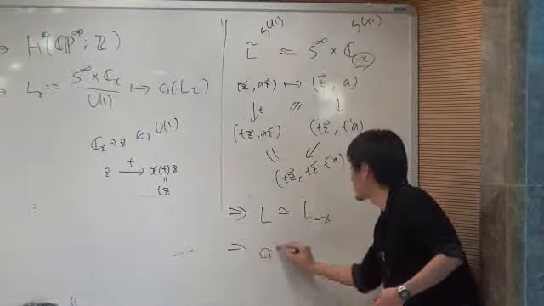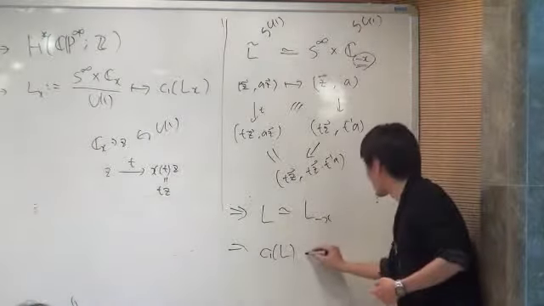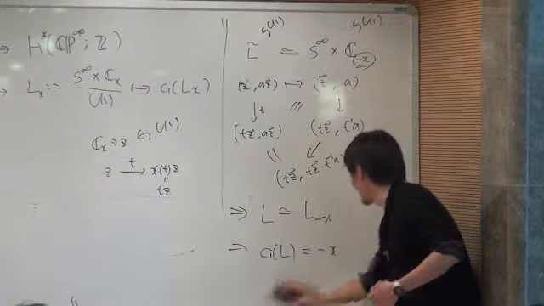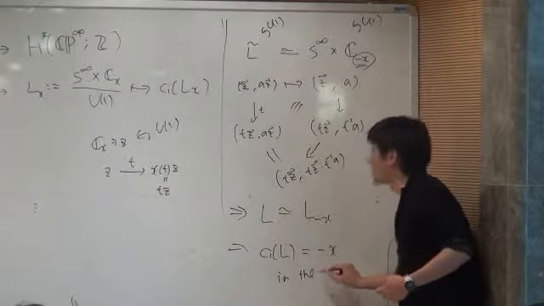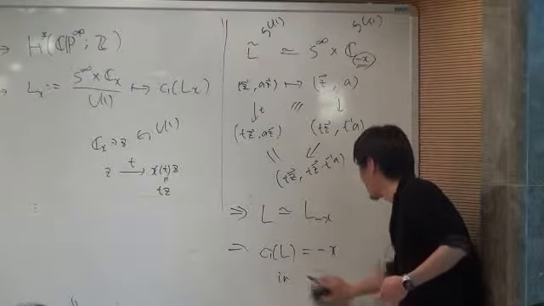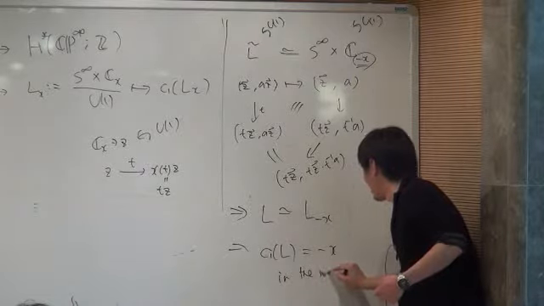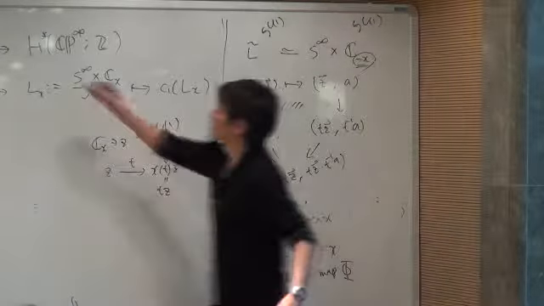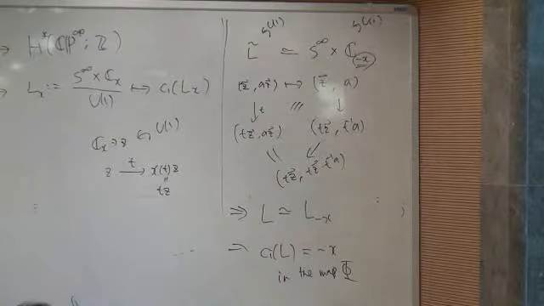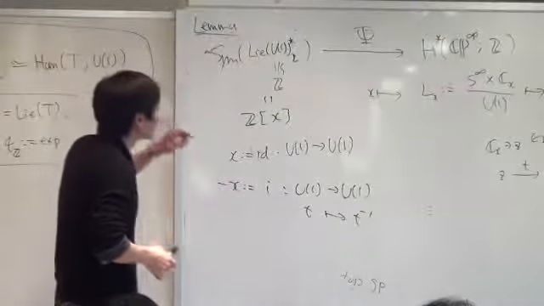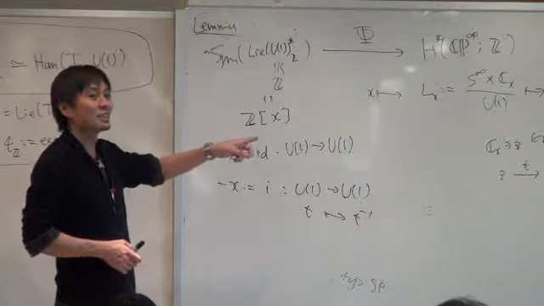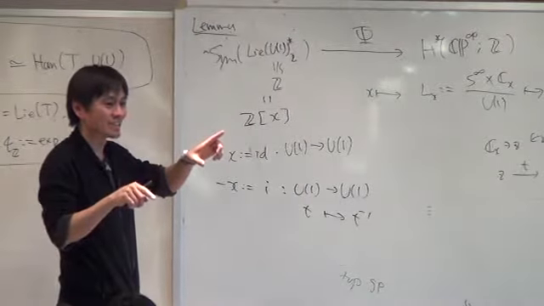So this means that C1 of L is equal to minus x under the map. Let's call this map phi. Where does the x square go? I think x square goes to Lx direct sum Lx.